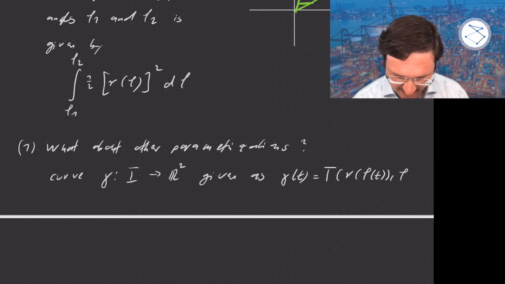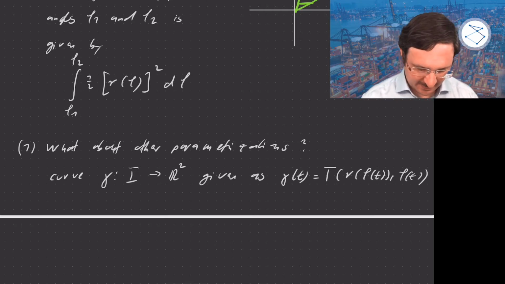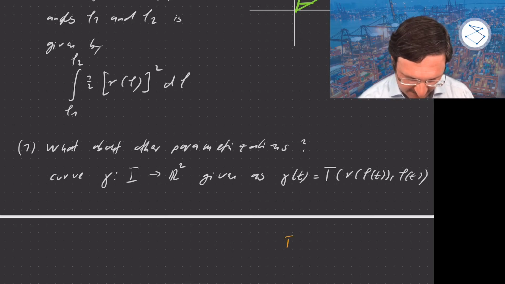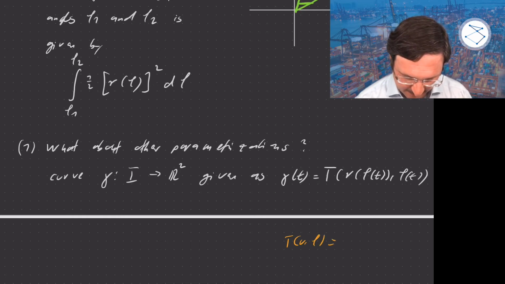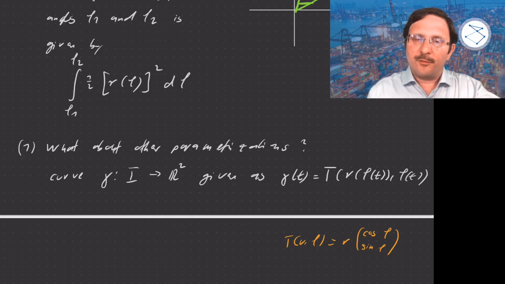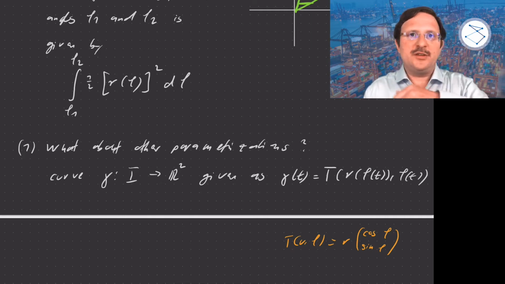And we have phi of t here as well. And again, remember that T of our phi was our transformation given as radius times cosine phi and radius times sine phi from polar coordinates r, phi to Cartesian coordinates.